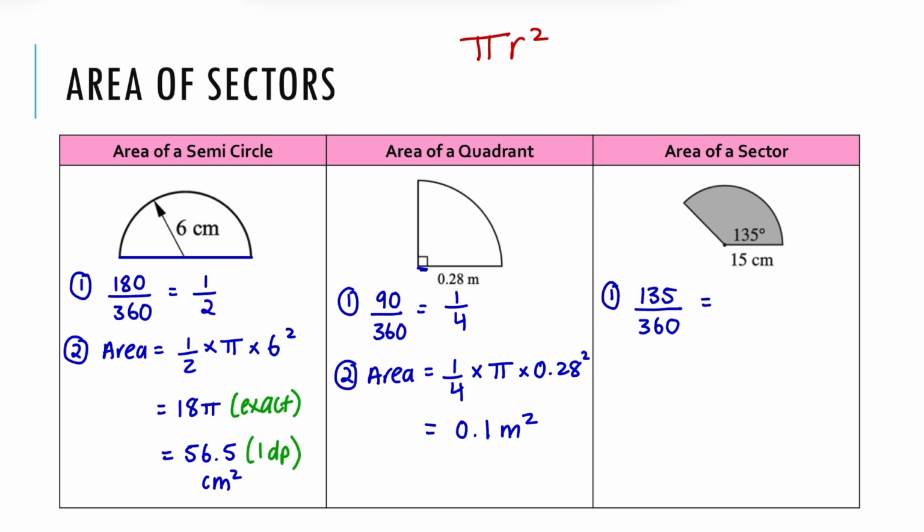If I wanted to, I can simplify that by putting the fraction in my calculator or using common factors to get 3/8. Then I take my fraction and multiply that by pi and multiply that by the radius squared. And here I'm going to answer to 2 decimal places for this one.